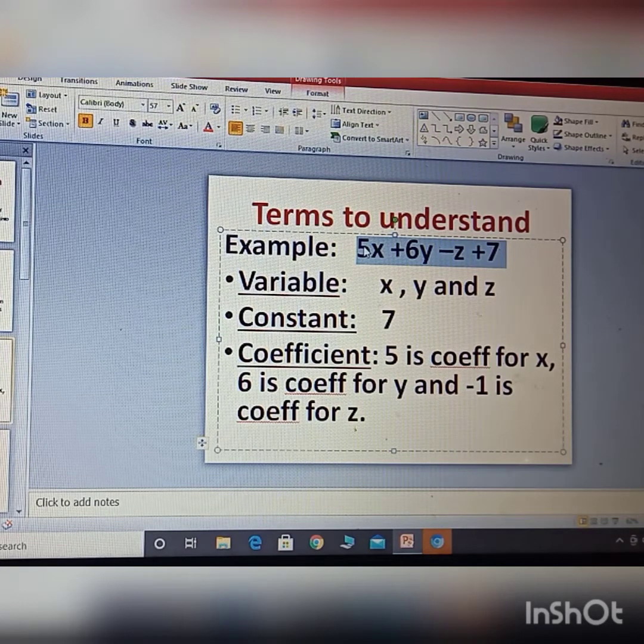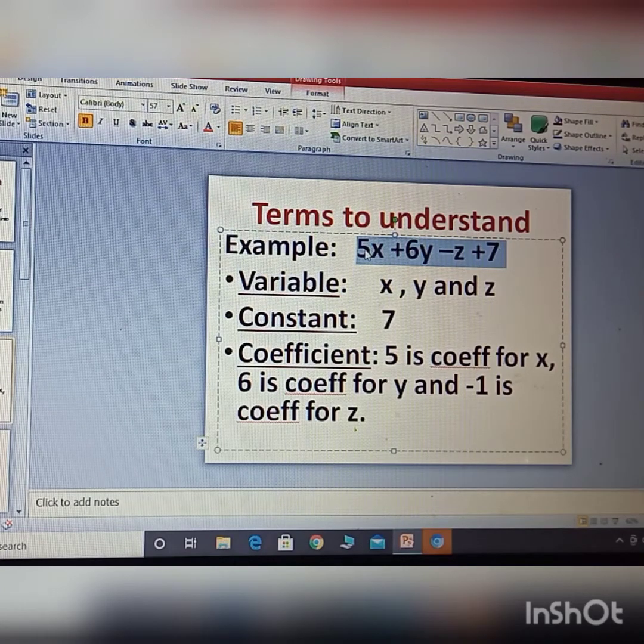Then another question may come to your mind: whether the number 5 in this expression, and 6, and -1 with z, are also constants? The answer is no. Why are they not considered constants? Because they are being multiplied with the variable. 5 is multiplied with x, 6 is multiplied with y, and minus 1 is multiplied with z.